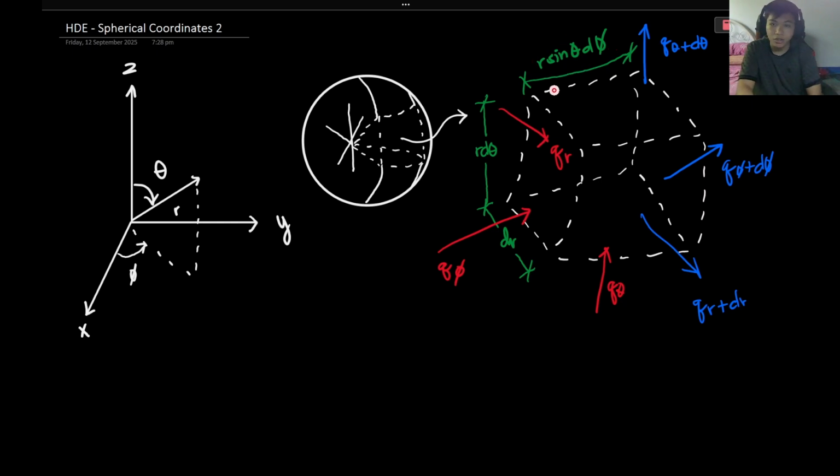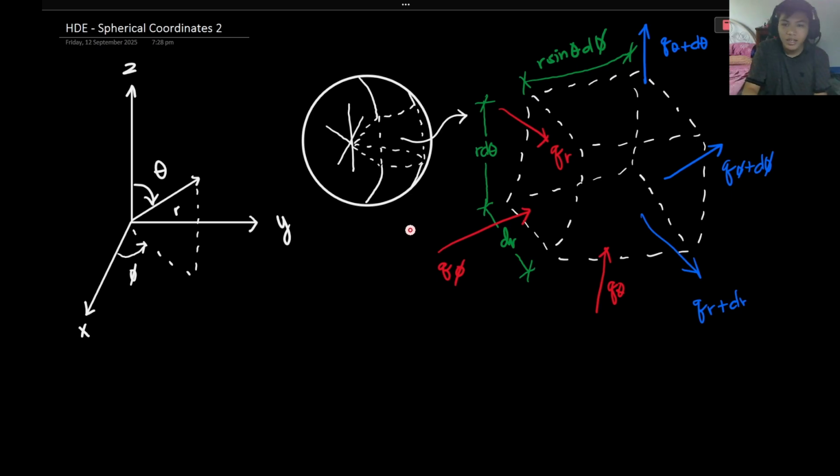The reason for sine here is because our theta is inclined in the y direction, and that is just our sine. It's the opposite side over the hypotenuse.